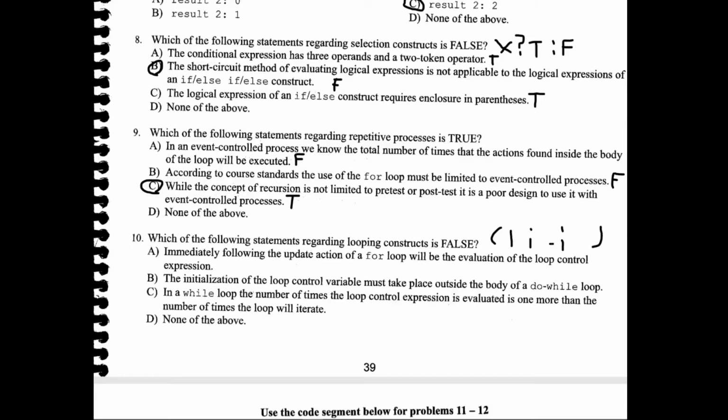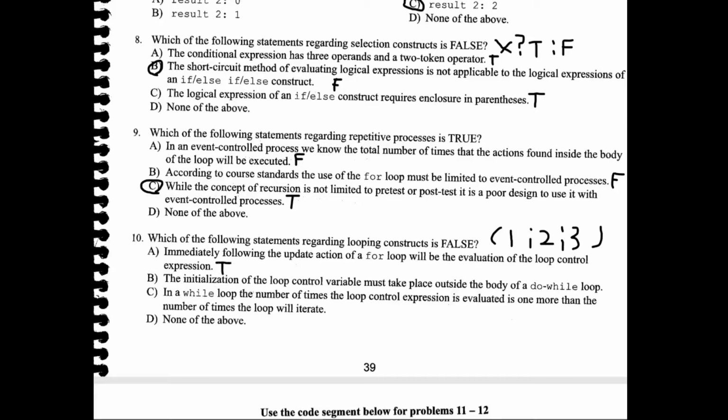The second one is the control expression, and the third one is the update action. And once the for loop is finished, it will do the update action, and then it will immediately check the evaluation of the loop control expression to determine, hey, do I run this loop again or do I stop? So this is true.